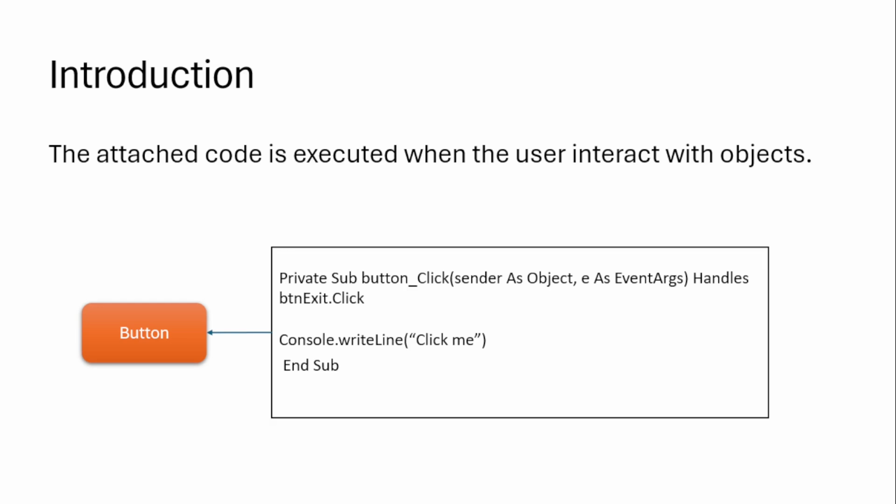Inside a visual program, when we click on any button, it will be fully functional and it will execute your code, your statements, everything you want from that button. For example, in the Console.WriteLine, we just want to print some message like "click me". So when you click this button, the "click me" message will be printed in the console.